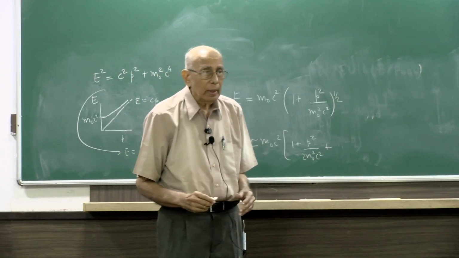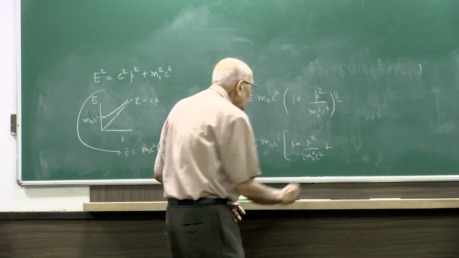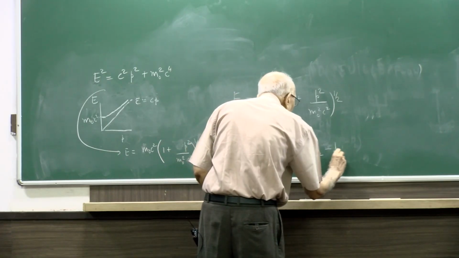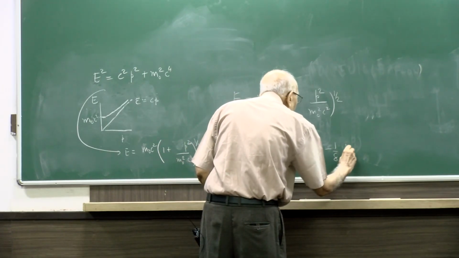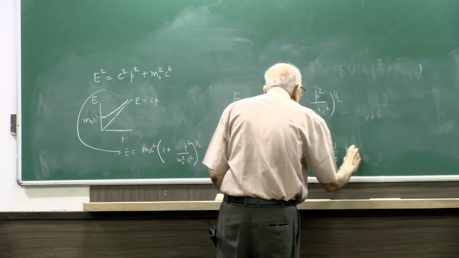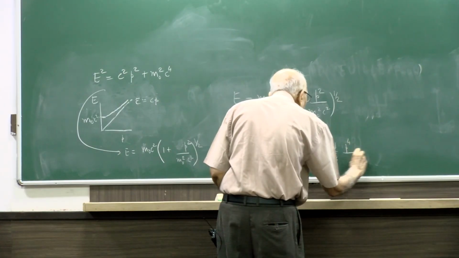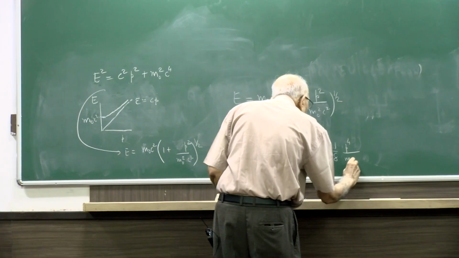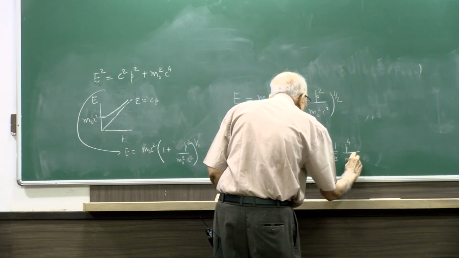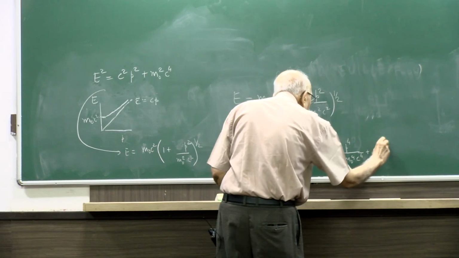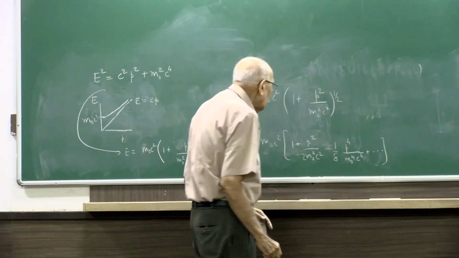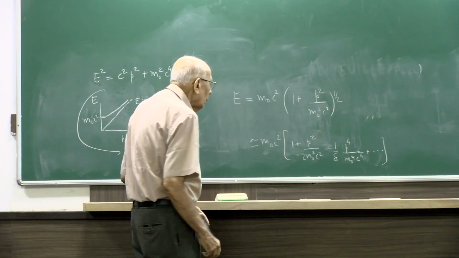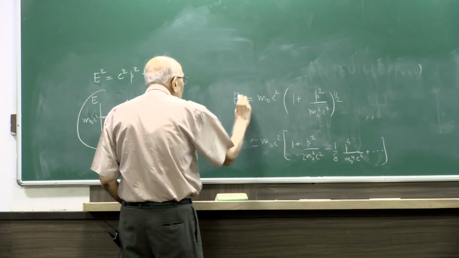So that's minus 1/8, the square of this whole thing. What does that become?